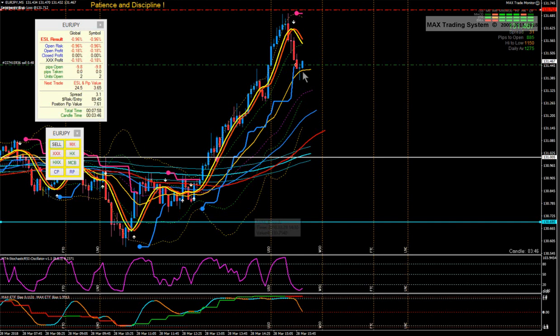So we have several of them: the TP, the movement invalidation, the sideways, and so on. And then we have some exit techniques based on time constraint.